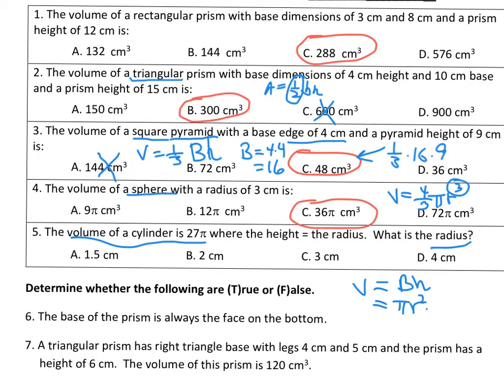But we're given that the height is also the radius. So if that's 27 pi, the pi's could cancel. So the question is, what number raised to the 3rd power equals 27? So that answer is 3.